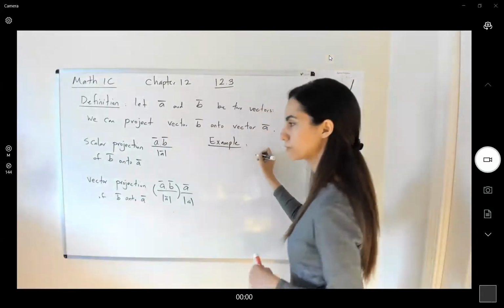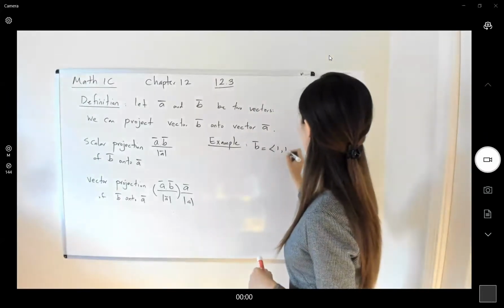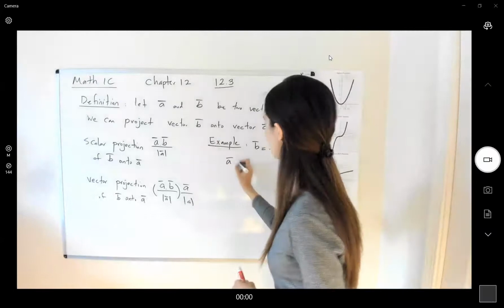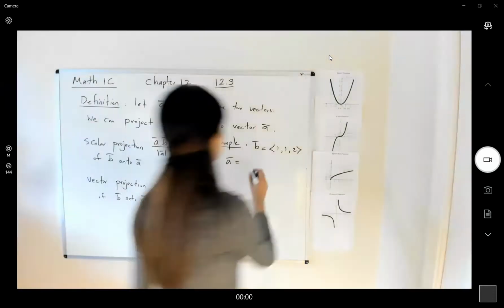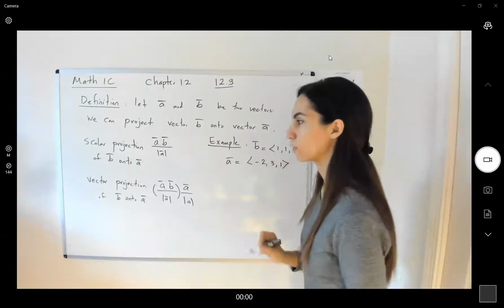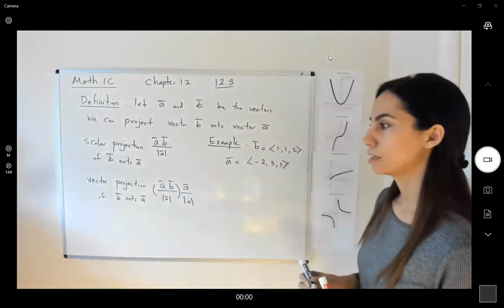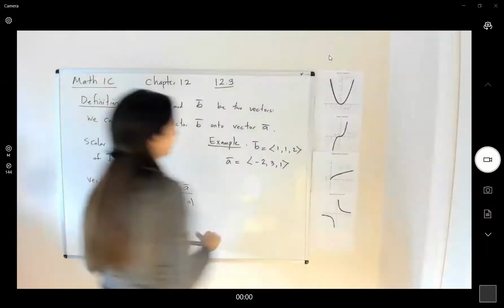Let vector B be equal to (1, 1, 2), and vector A is given as (-2, 3, 1). The question says, find the vector and scalar projection of B on A.